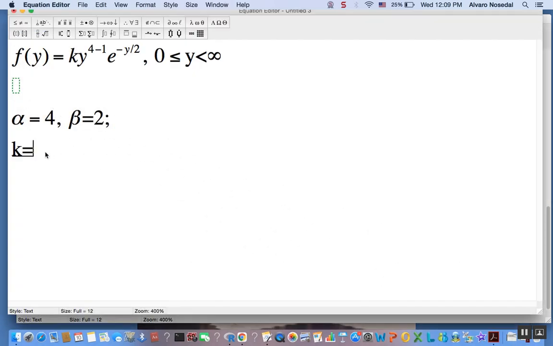Let's write that down: 1 over beta to the alpha power, times the gamma function evaluated at alpha.